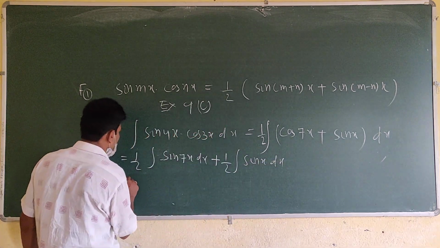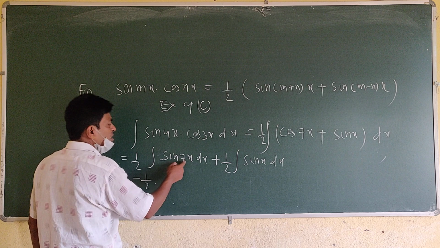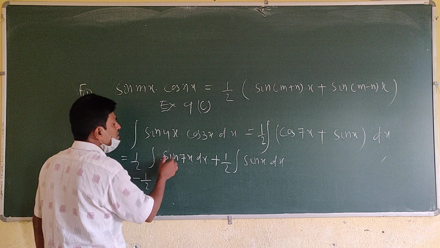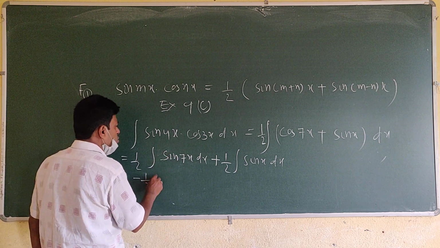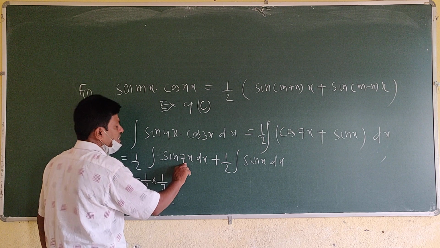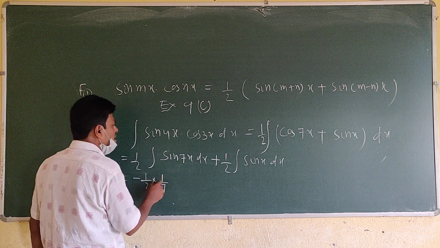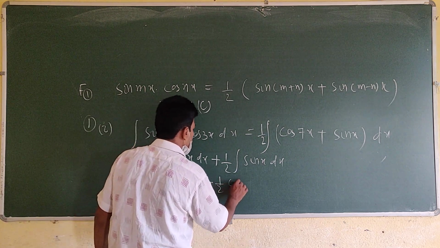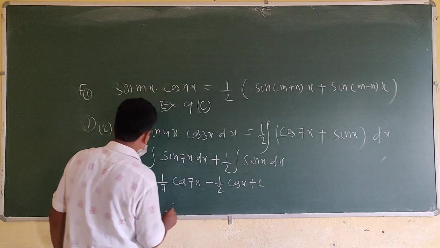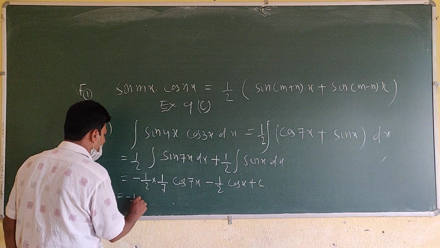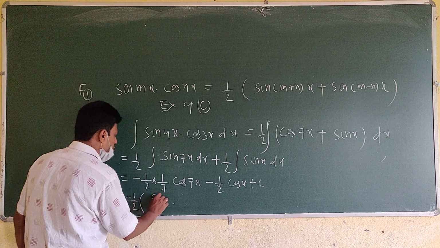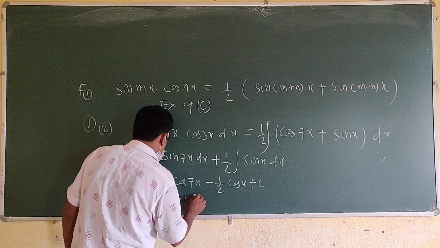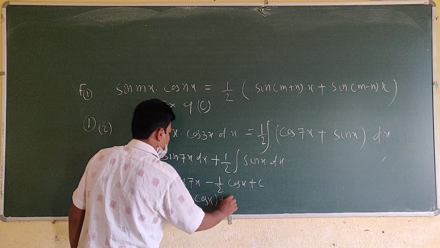The integration of sin 7x is easy, using the substitution method: minus half into 1 by 7 cos 7x, because 7 is multiplied in this place. Similarly, minus half cos x plus C. Taking minus half common, that is minus half of (1 by 7 cos 7x plus cos x) plus C. That's your answer.